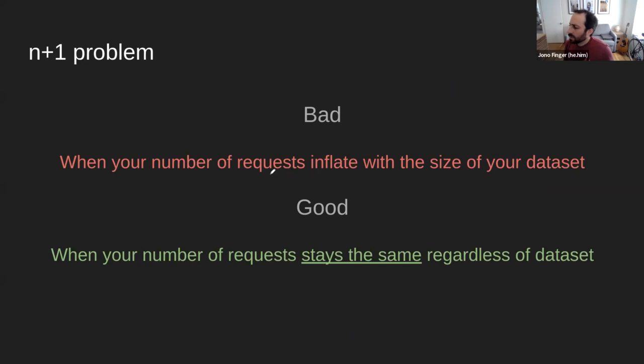So we don't want the number of requests to inflate with the size of the data set, because the amount of reviews you have shouldn't actually make you make more requests. It might make the query take longer to execute, but we don't have to make more network requests for it. To solve this n+1 problem, we want to make the fewest number of requests. Generally, regardless of the query, you would like to always make roughly the same amount of requests.